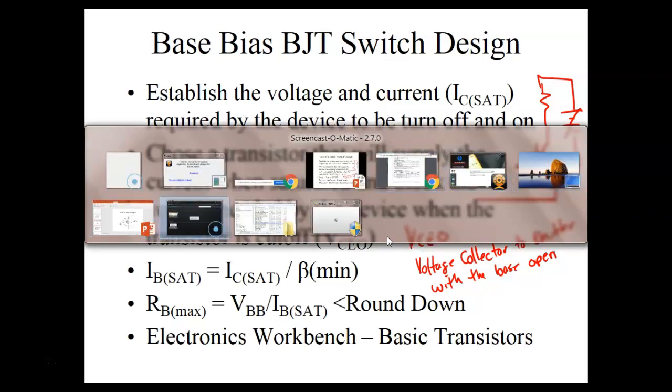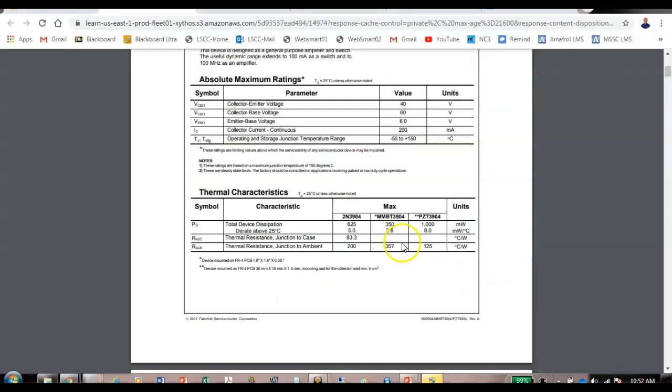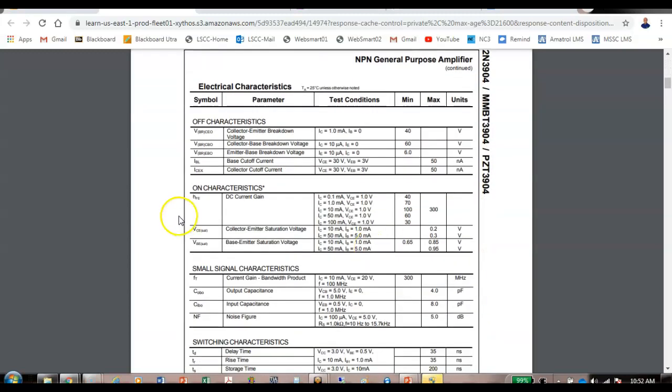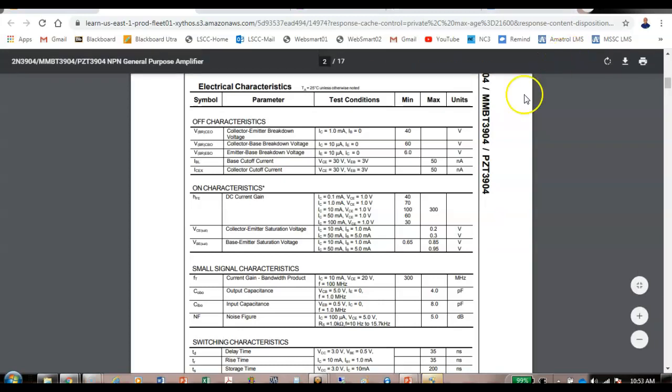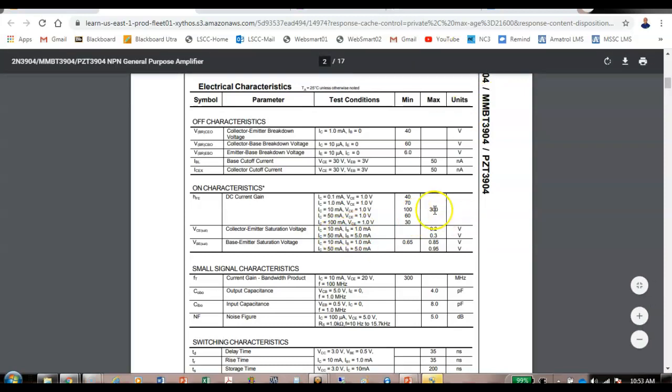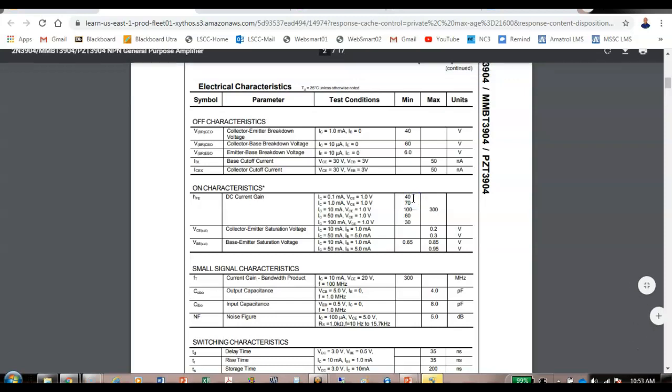So for the 3904, here's beta, HFE, I would use 30. If I use 30 to calculate this, then it will saturate. We use the lowest because it's guaranteed. 300 is not guaranteed. 60 is not guaranteed. 100 is not guaranteed. 70 is not guaranteed, but the minimum is guaranteed.